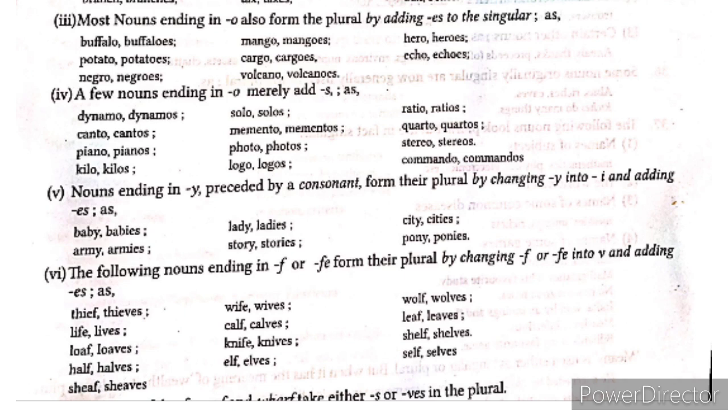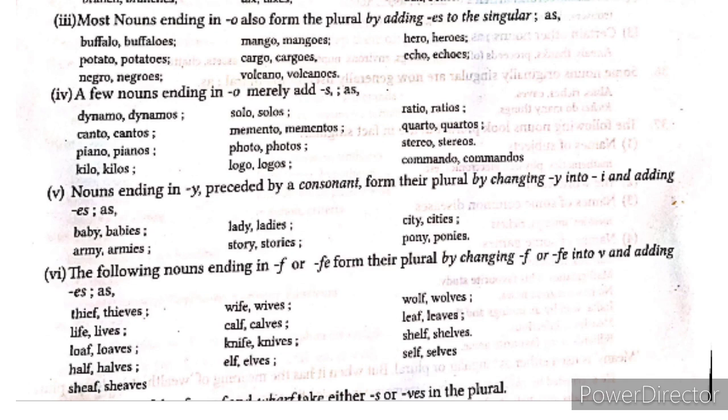If any singular noun is ending with y, but the letter before y is a consonant, then what we do? We add es to it. Sorry, we add es to it.